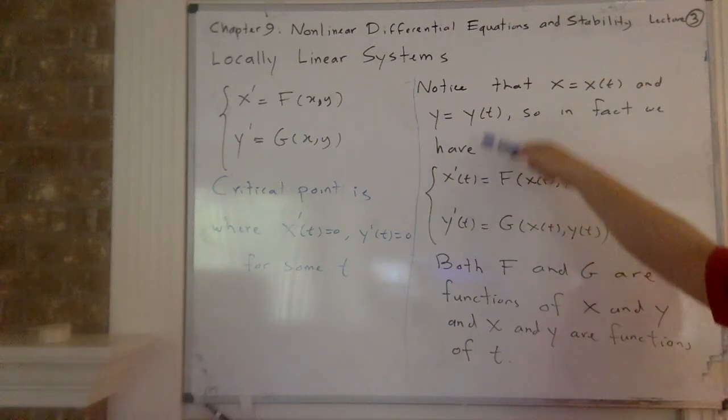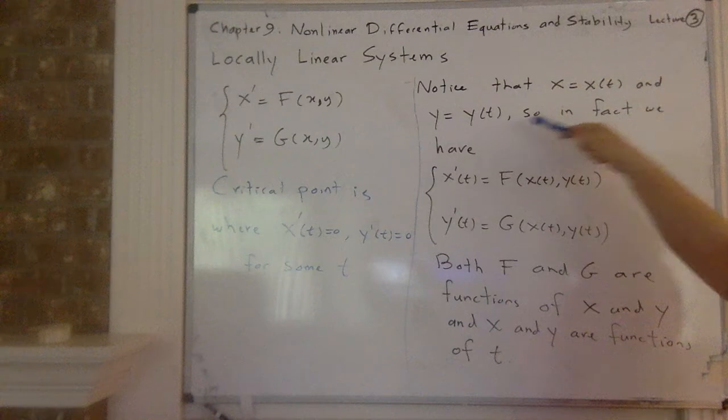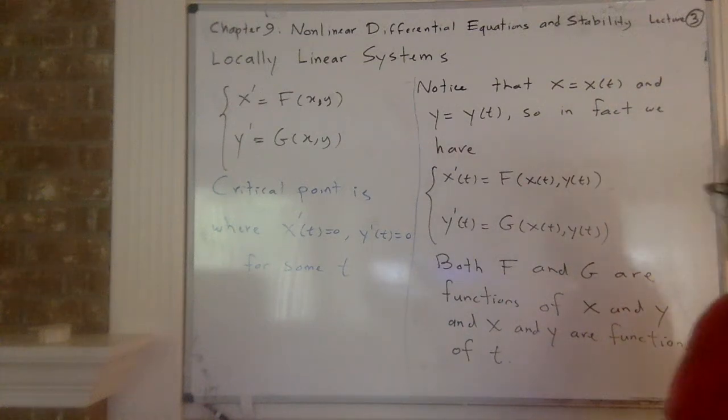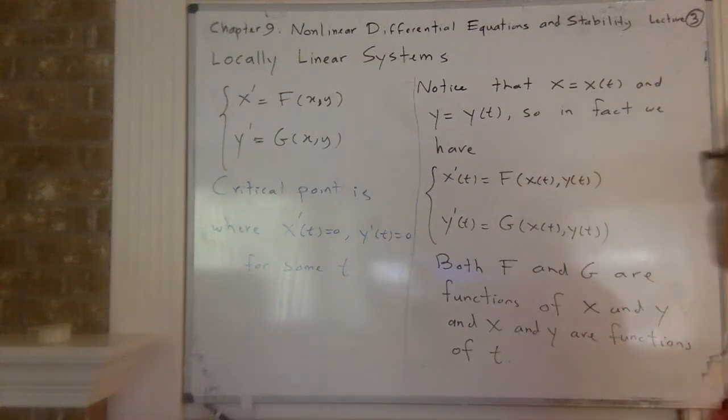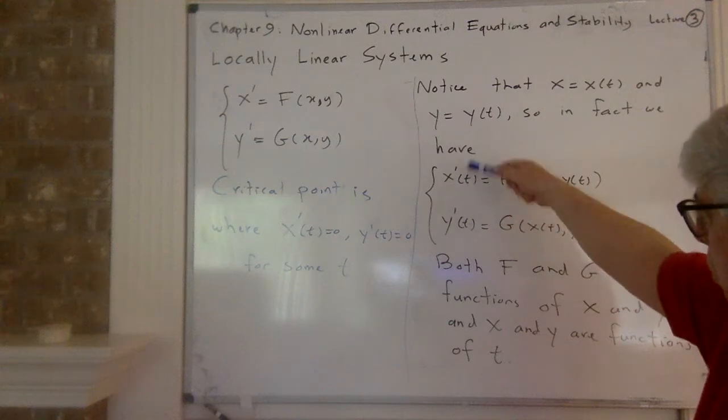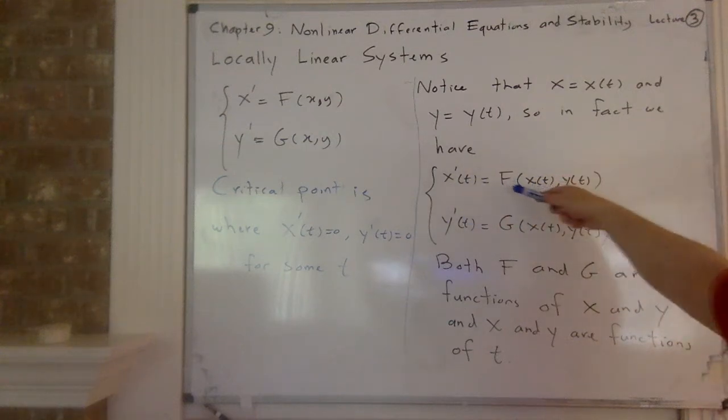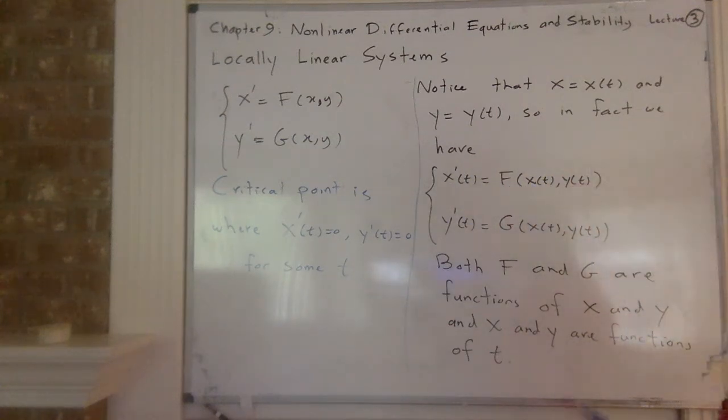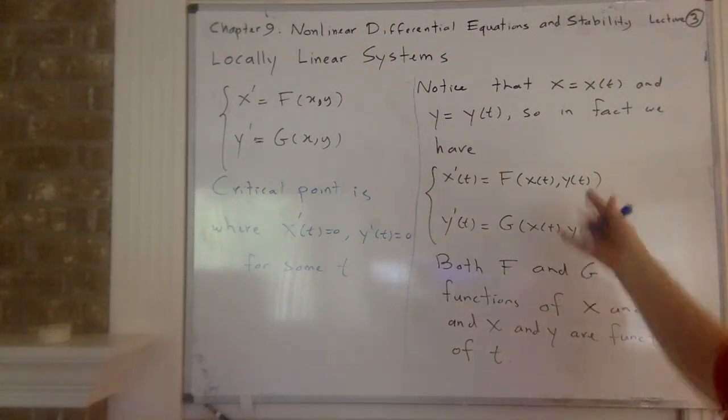Remember, I always say, and say it again, that this x and this y can be considered the x coordinate and y coordinate of a particle that is moving in the plane, and in time it's changing. So this is a function of time, and this is the derivative with respect to time. And this is a function in terms of x and y, but x and y implicitly are functions of time.